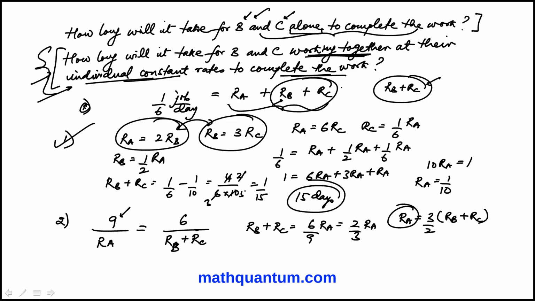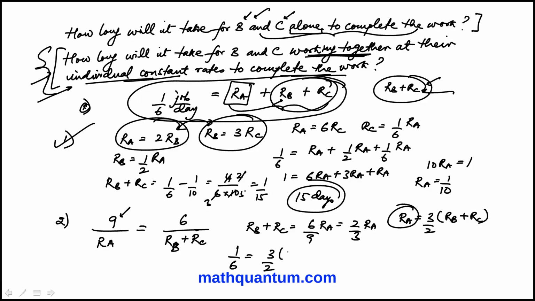Now, we still have that equation. Right now, we have 3 unknowns and 2 equations, but you'll notice that I can replace RA, and because we need RB plus RC, the combined rates, not the individual rates, I can figure that out. So RA is 3/2 times RB plus RC, and then we still have this RB plus RC, which if I add those two algebraically would be 5/2 times RB plus RC.